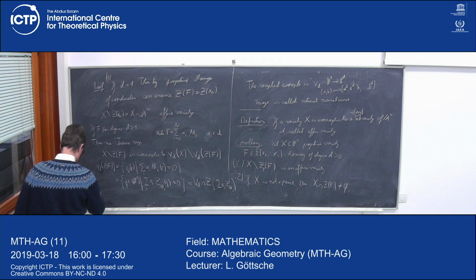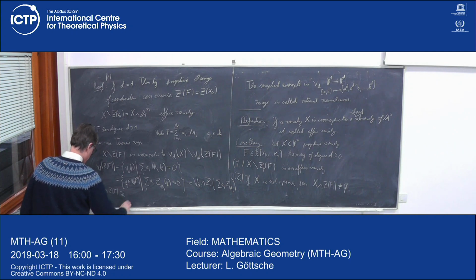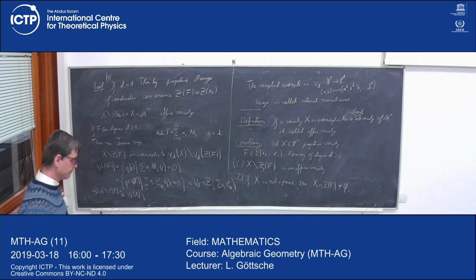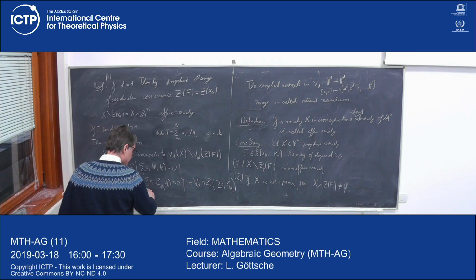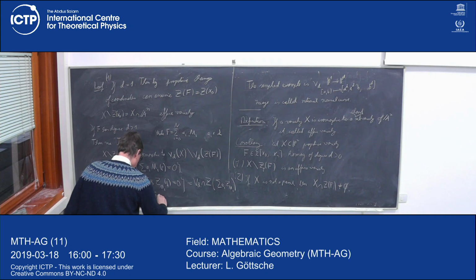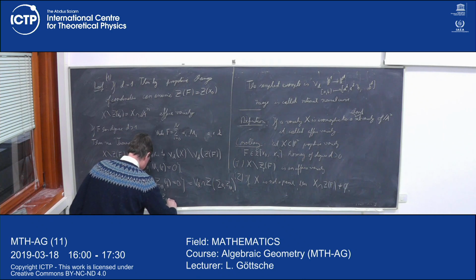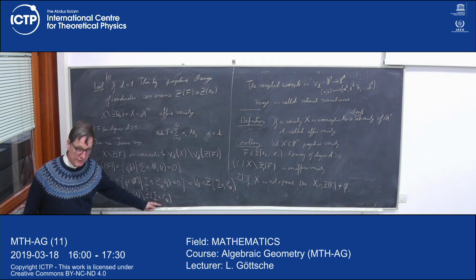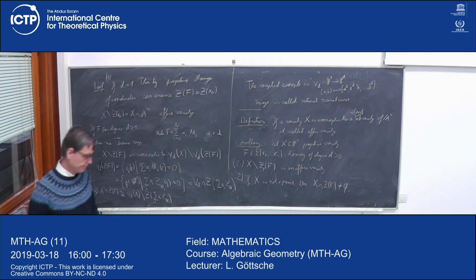Thus X without Z(F) is isomorphic to ν_d(X) minus the zero set of the sum of a_i z_{m_i}. So it's the complement of the zero set of a linear form, so it is affine.